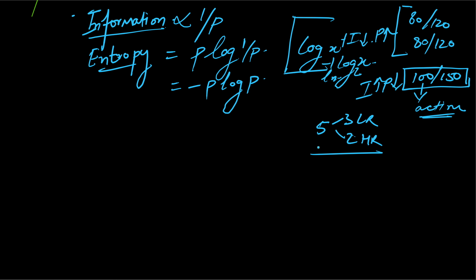So the entropy of the system is minus 3 by 5 log of 3 by 5, the minus sign coming from the log part, minus 2 by 5, which is a proportion, log of 2 by 5. Let's call this the entropy of my initial data.